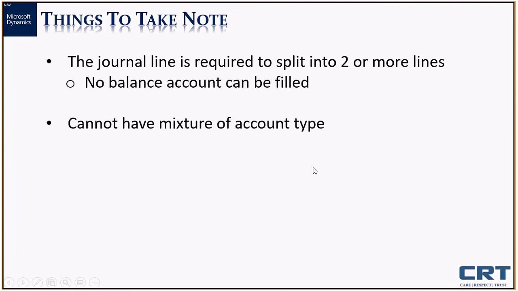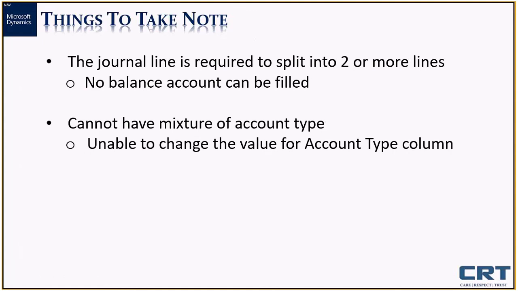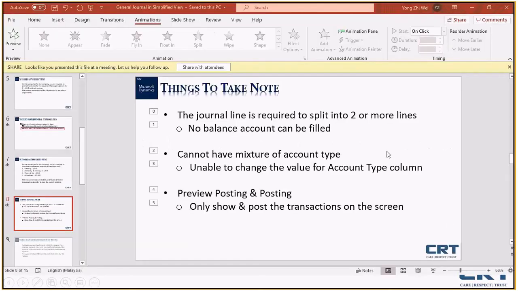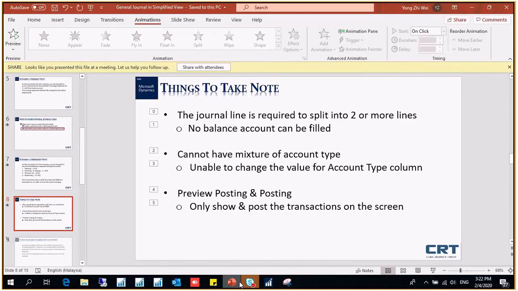Other than this one, you cannot mix the account type. Why do I say so? Because there is no column with the name of account type. What does it mean?